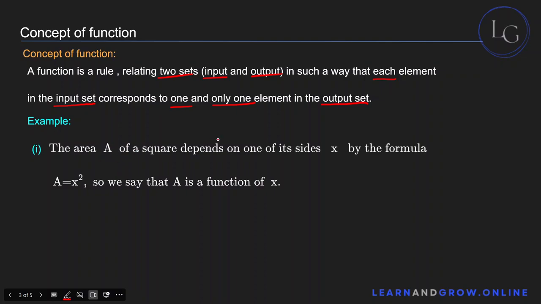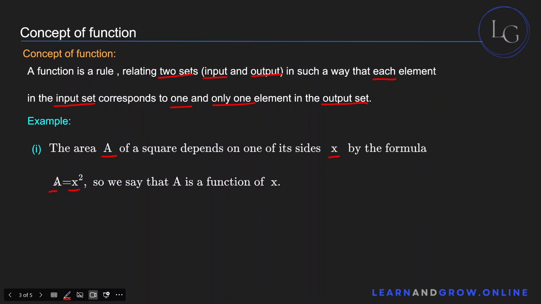The area A of a square. A is the output, and it depends on one of the sides of the square, right? Because the area of a square is the length times the length of the square. So A is equal to x squared, since one side is x.